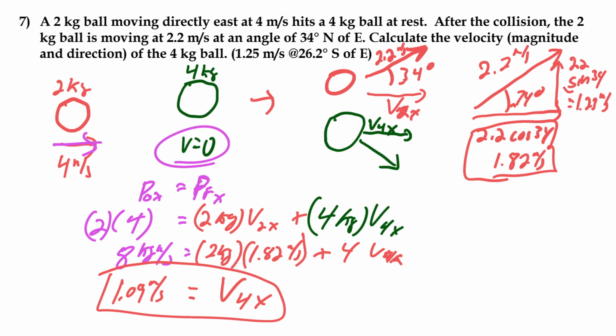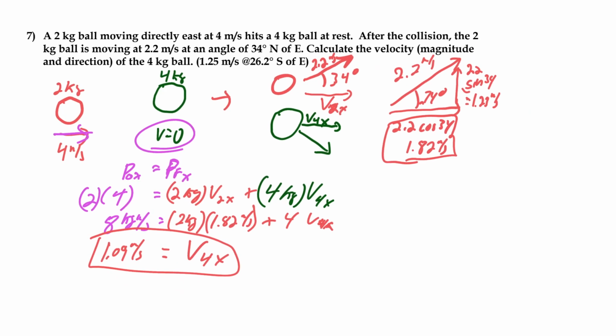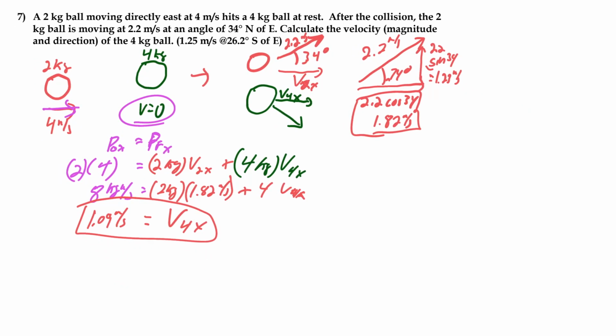So we're going to repeat this in the Y direction though. So we do the same things. Now notice, since there's nothing moving in the Y direction, that means there's no initial y velocity, no initial y momentum.